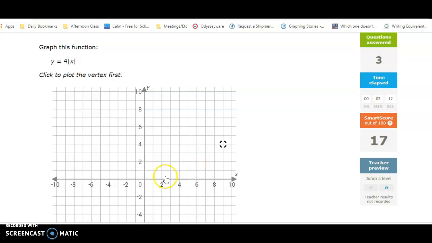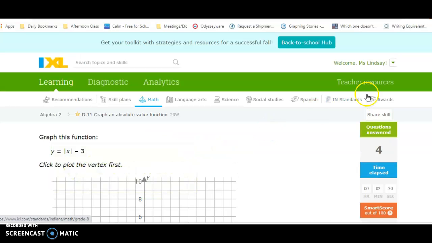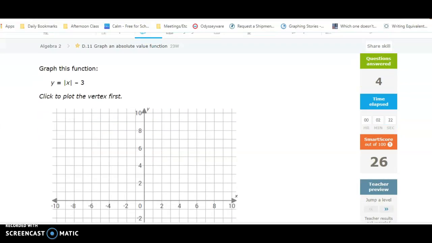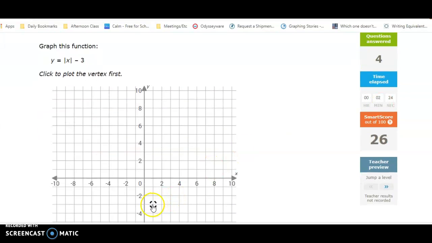So they're going to give me another chance. So here, and then up 4 over 1. Confirm I've got it in the right place. So this one is going to start at -3 on the y. Remember, if it's outside of the absolute value bars, just like when it was outside of the parentheses with quadratics, that moves it up and down.